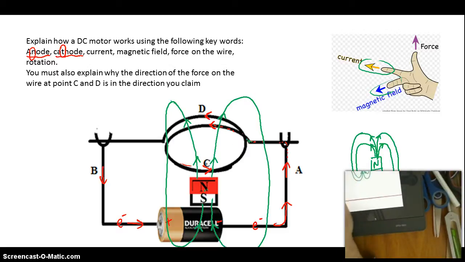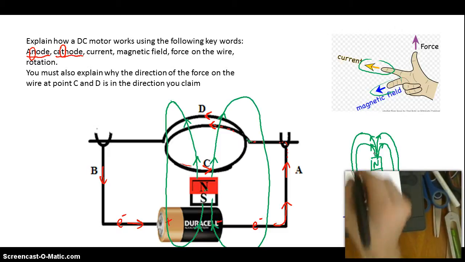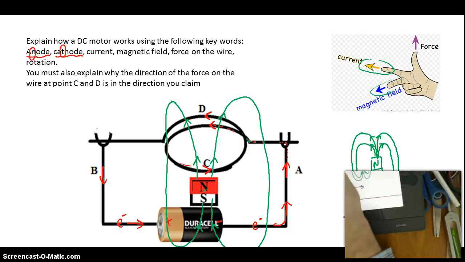Okay, so let's look at point C. At point C, we have a current in the wire moving to the right. So using your index finger, point your index finger to the right. Then we have a magnetic field up, which is created from this permanent magnet.